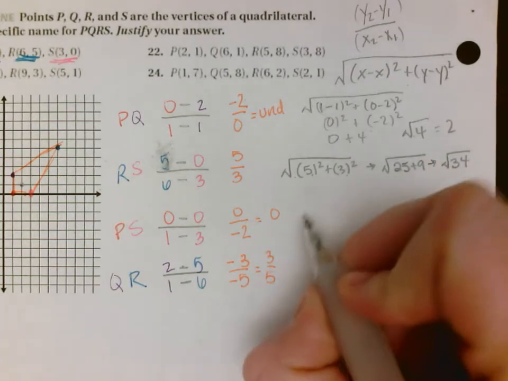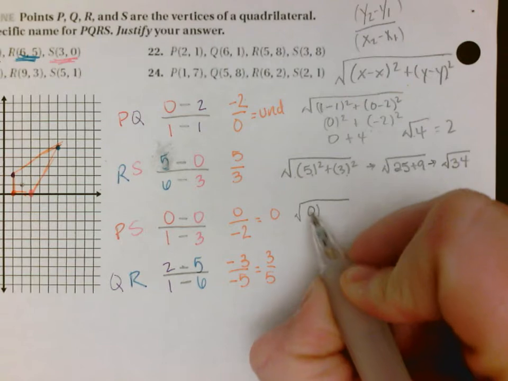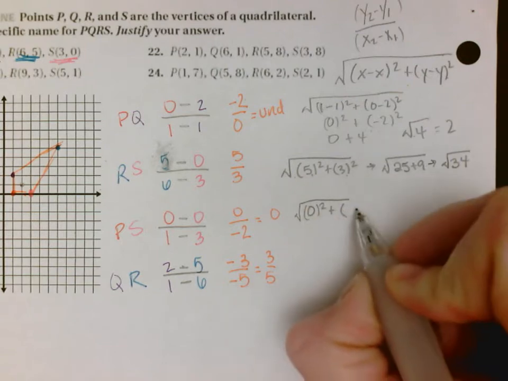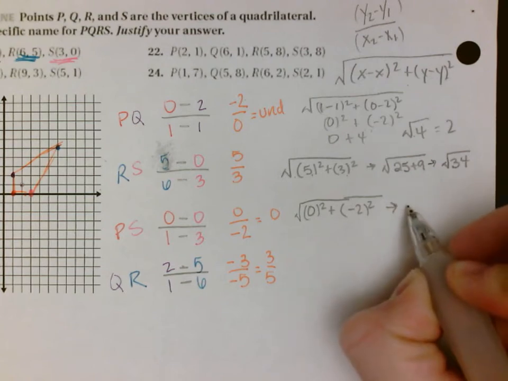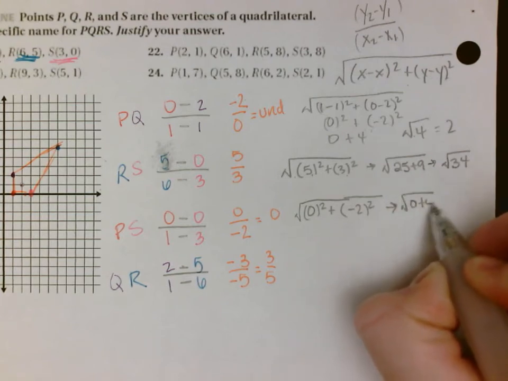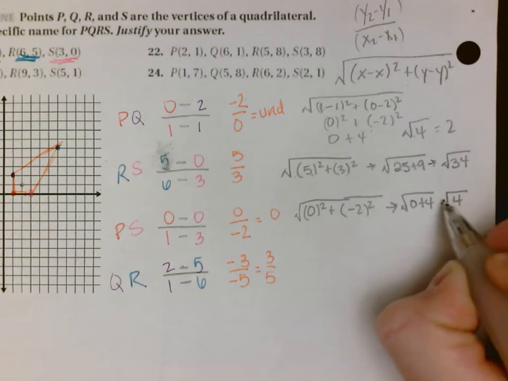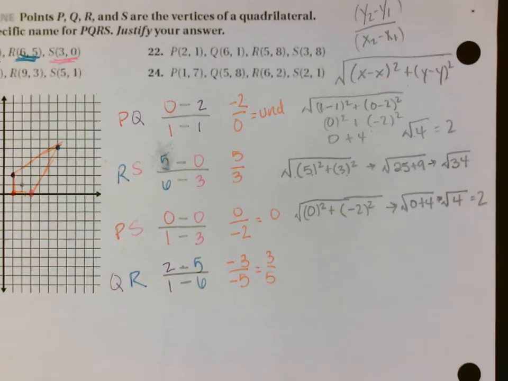So coming here, I have the square root of 0 squared plus negative 2 squared, which gives me the square root of 0 plus 4, which gives me the square root of 4, which equals 2.